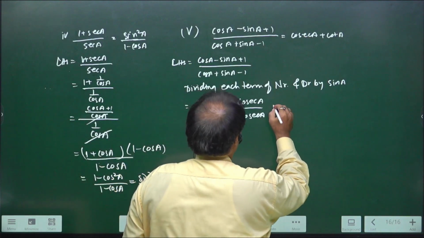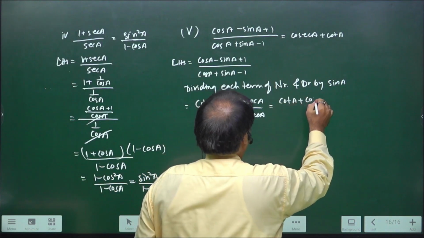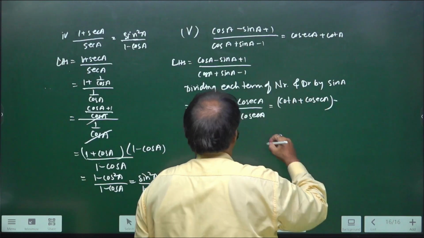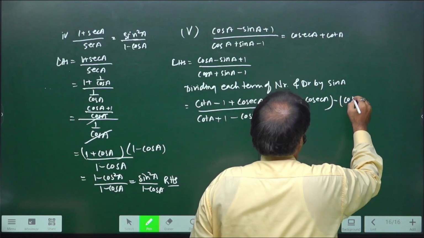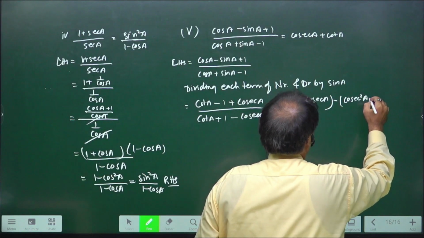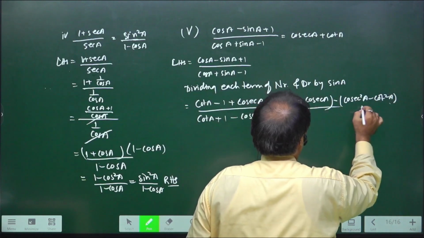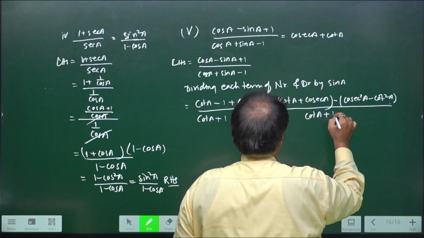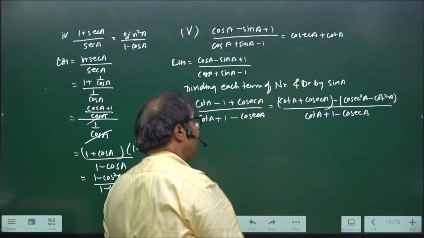What I am writing now, cot A plus cosecant A, I am writing in one group, and in place of minus 1, we apply the identity cosecant square A minus cot square A. This is the main point of this question, and don't disturb the denominator because in the right hand side the denominator is 1.